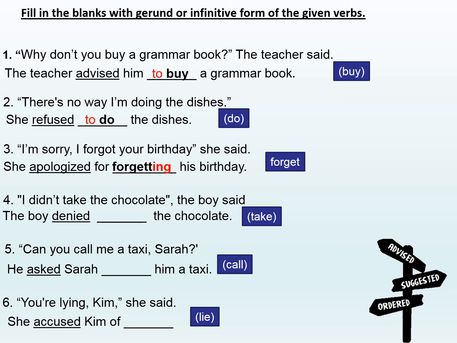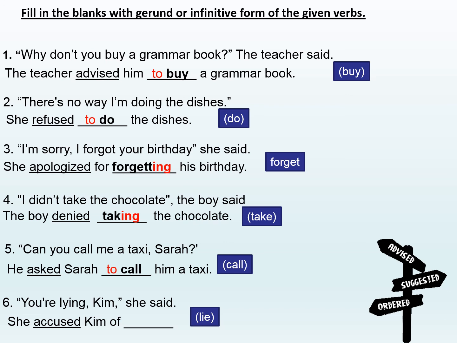Take. To take or taking. So the boy denied, good, taking the chocolate. Number 5. Can you call me a taxi, Sarah? Call, to call or calling. Yes. He asked Sarah to call him a taxi.